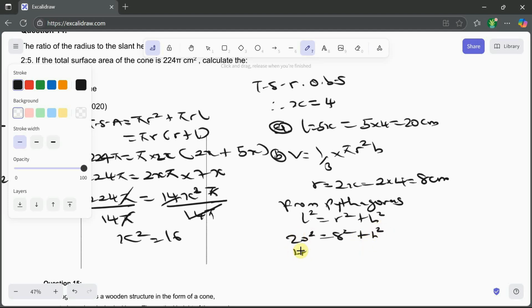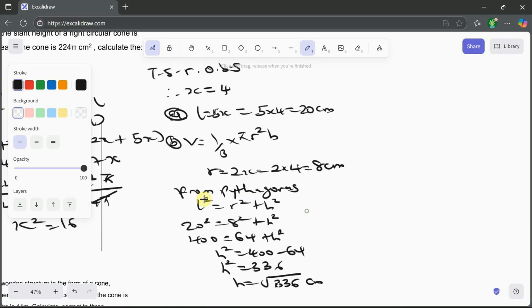So this 400 is equal to 64 plus h squared. So h squared would now be 400 minus 64, that will give you 336. So our h squared is equal to 336. Then our h is equal to square root of 336 centimeter. Let's leave it at that.